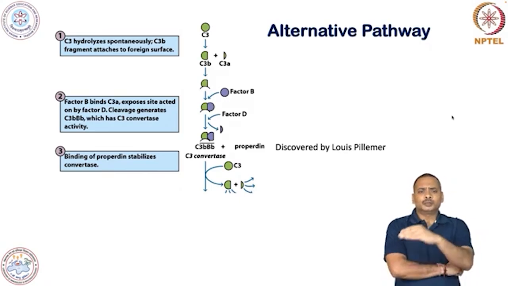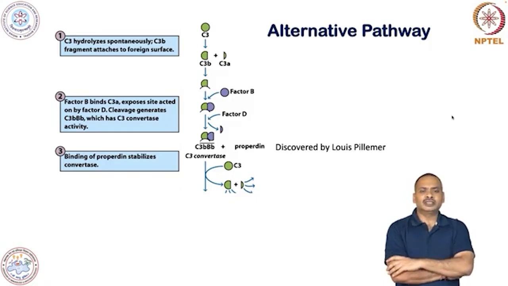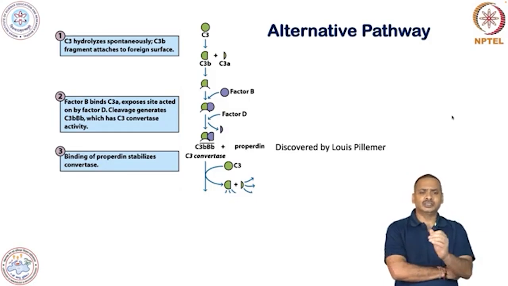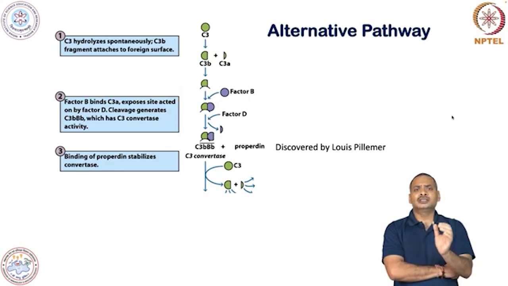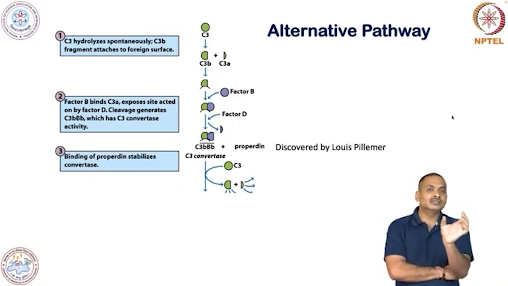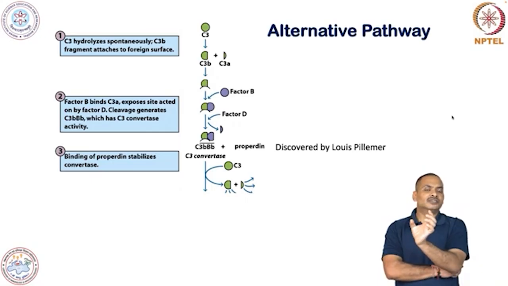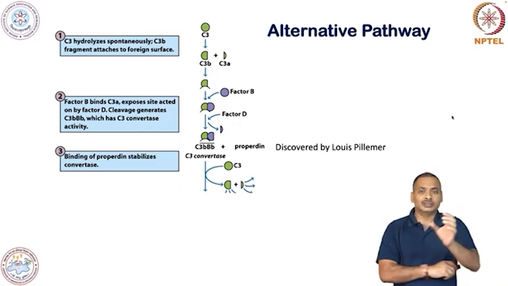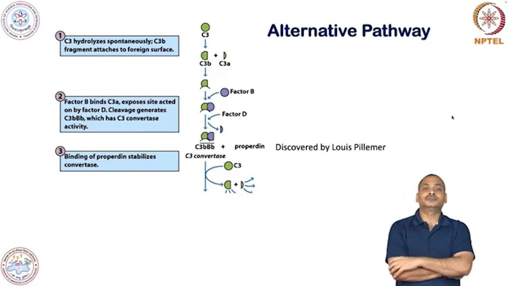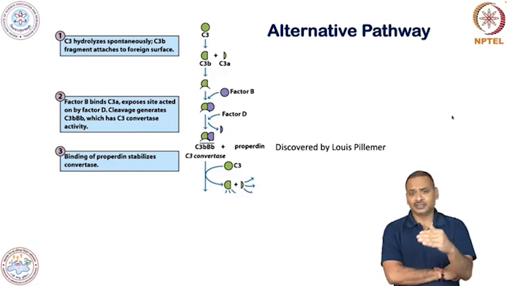Okay, so properdin basically stabilizes the C3 convertase, which consists of C3b and Bb. Here there will be a larger fragment of C3 and a larger fragment of factor B. This makes a complex, and this complex acts as a C3 convertase.